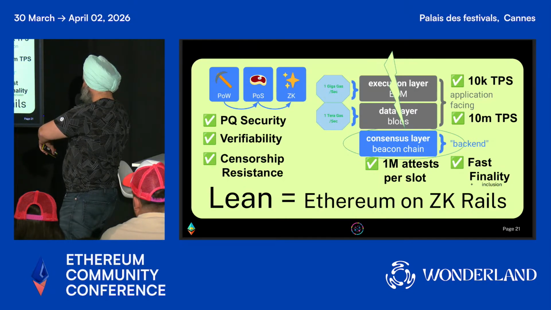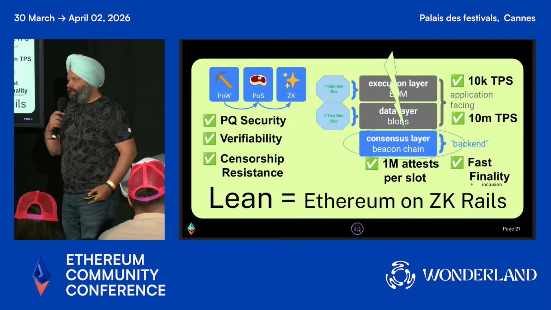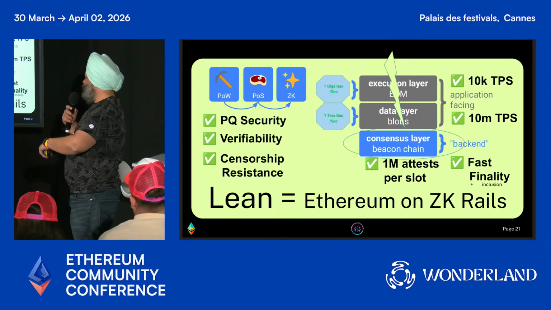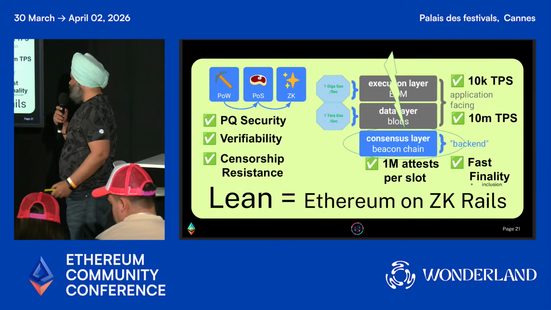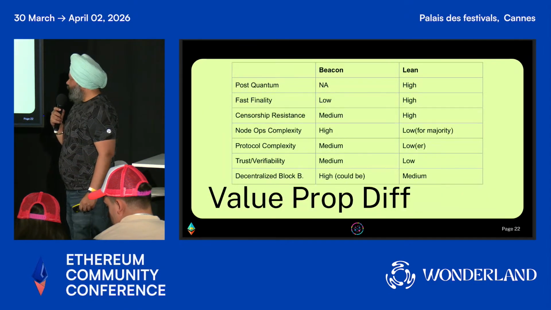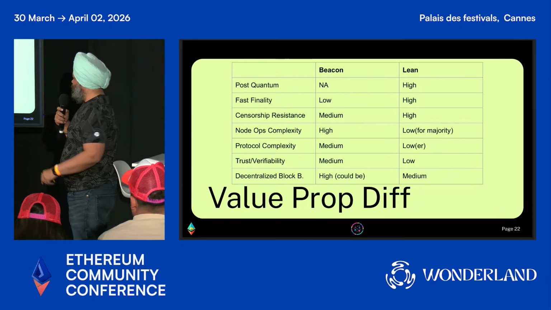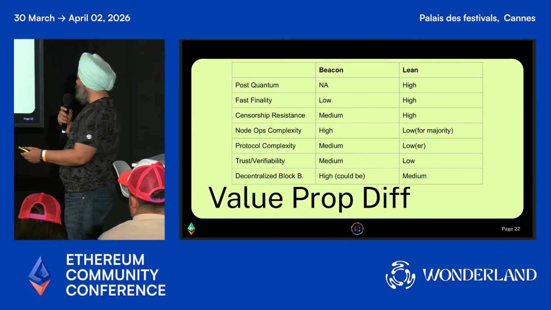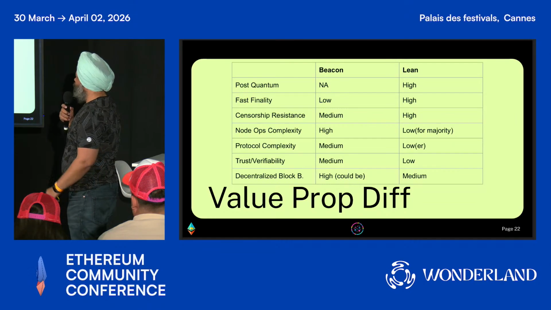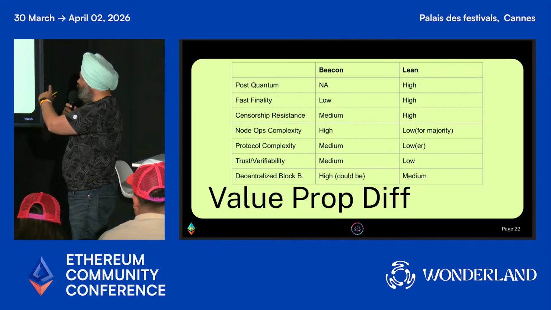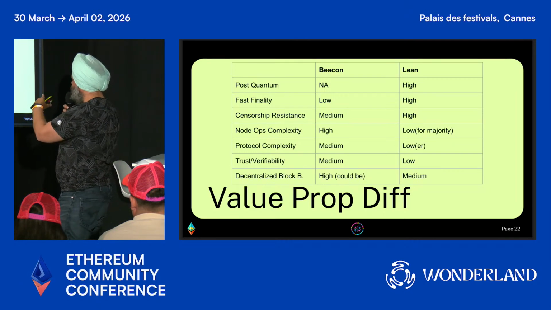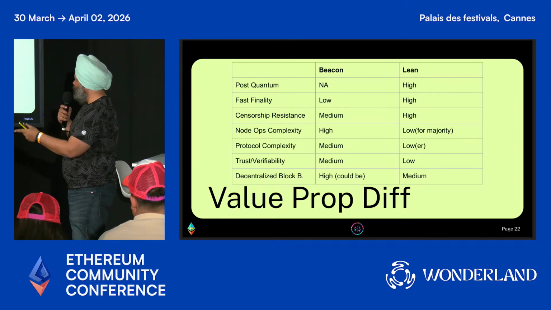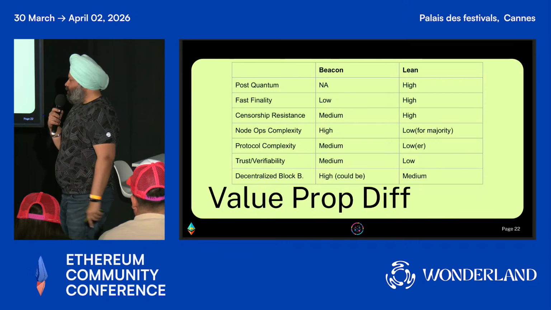And all the benefits that we get from post-quantum security on the consensus layer, we want to take through other layers. And this is sort of a value proposition diff between the current chain and the lean chain. So we basically want post-quantum, again rehashing what we already talked about, fast finality, censorship resistance. We want to reduce the node complexity.